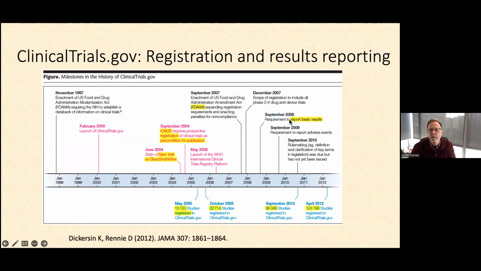And more recently, in September 2008, there was the first requirement that they should report basic results. Well, that wasn't actually quite done yet. That's been reinforced more recently in a final rule, they called it. But there's not 100% compliance with that either. But suffice to say, there's been a lot of activity.